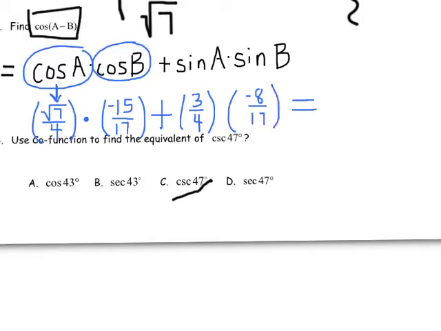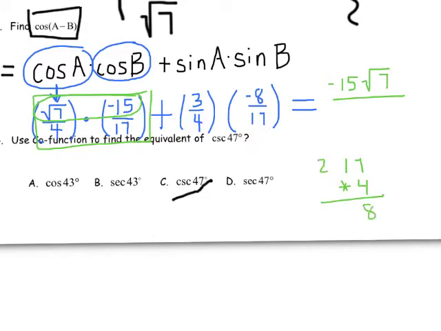All right, so from here, I'm going to do some algebra work. So I multiply first, so root 7 times negative 15 is negative 15 square roots of 7. And then 17 times 4 is 68. Okay, now I need to do the other half.